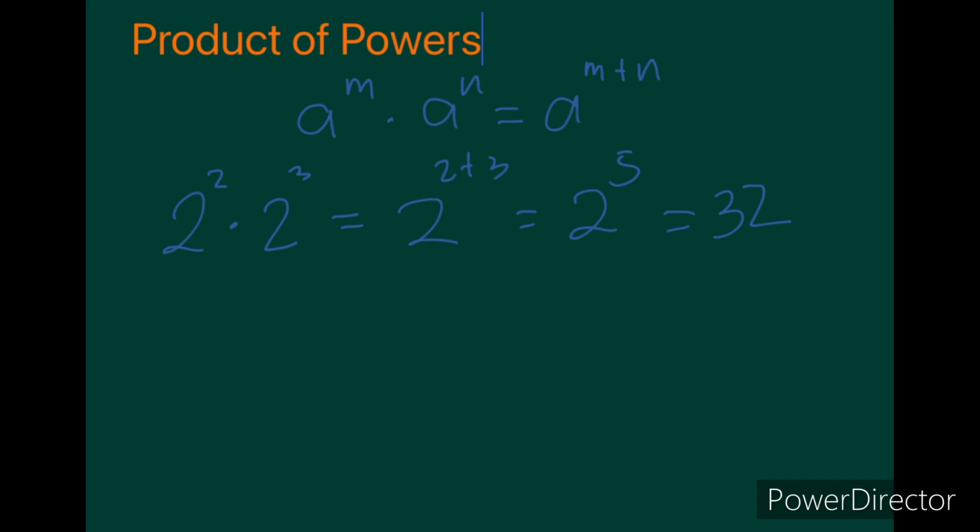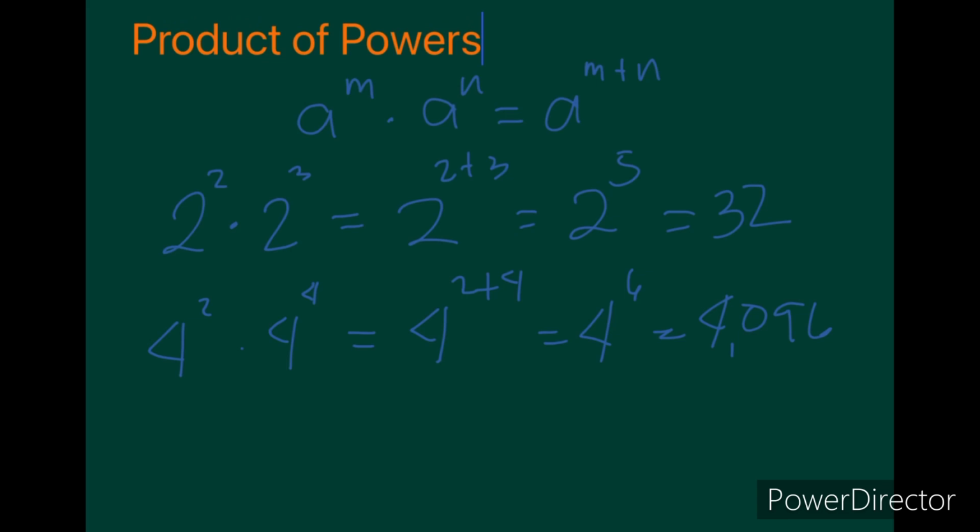Another example, 4 squared times 4 raised to the 4th power. Again, just simply copy the base, then add the exponents. So we have 4 raised to 6, which is equal to 4096. That is what we call the product of powers.